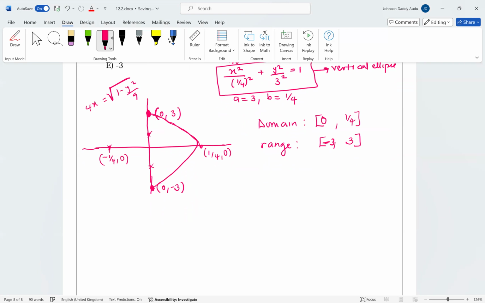So we're done. Here you can see this is your A, this is B, this is C, and this is D. And we'll have A plus B plus C plus D is just going to be 0 plus 1 over 4 plus minus 3 plus 3. Everything is going to be 1 over 4. All right, so here, this is the half ellipse.